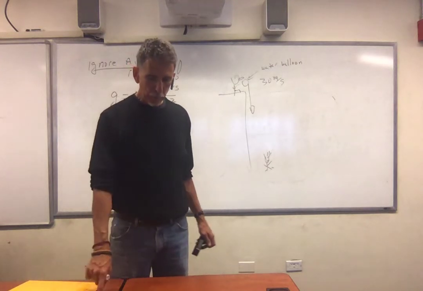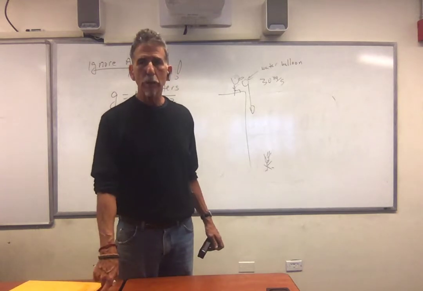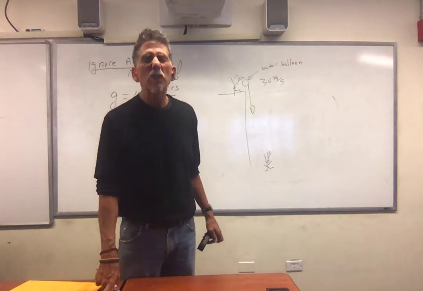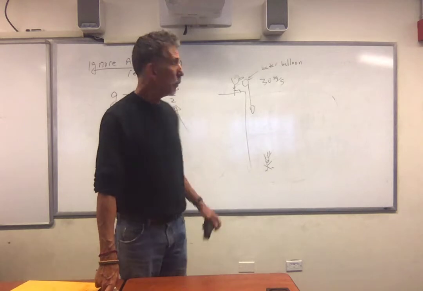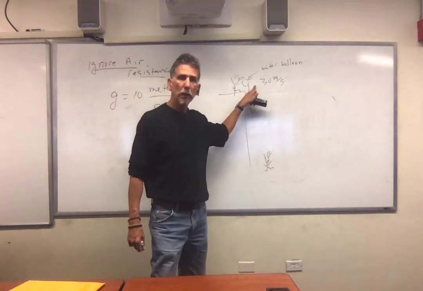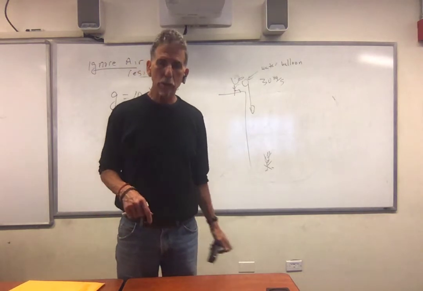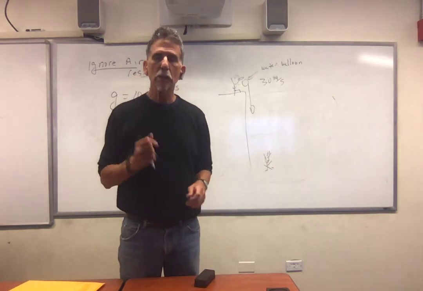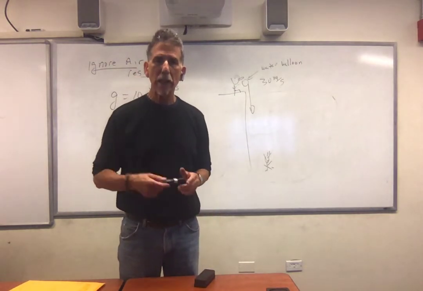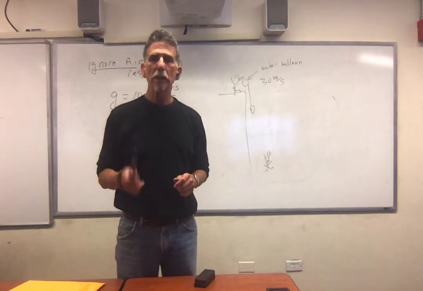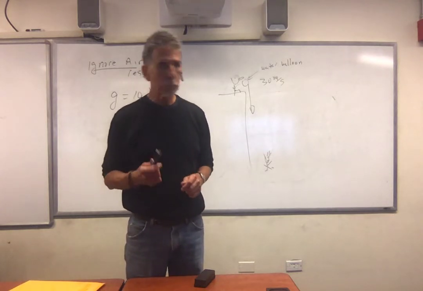Well, if I gave this problem on an exam, my first choice A would be 120 meters per second. Why? Because it's going at 30 meters per second, and you would multiply by 4, right? But that's not what you do. Remember what the acceleration due to gravity means. It means every second, the speed is increasing by 10 meters per second.